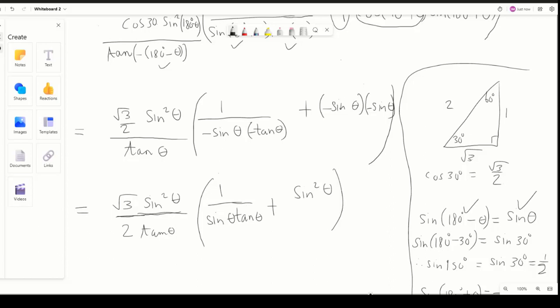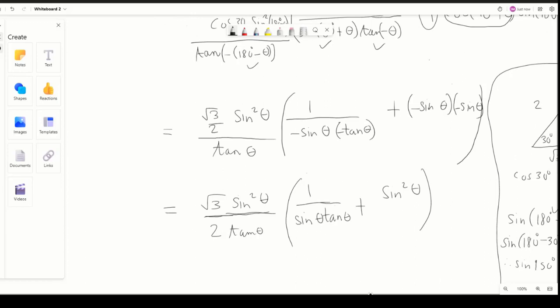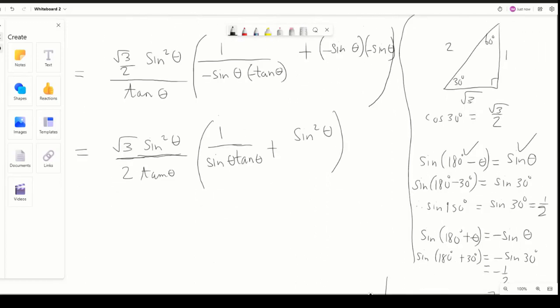Now I get my lowest common denominator for the inside bracket. That's sine theta, tan theta. It's 1 plus sine cubed theta, tan theta.